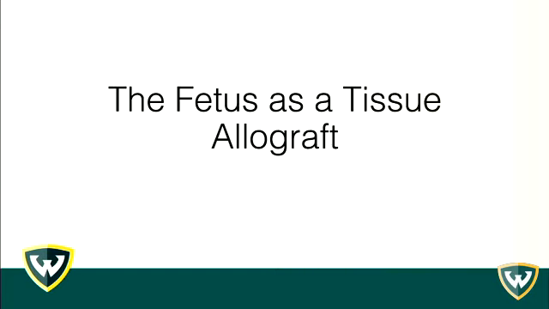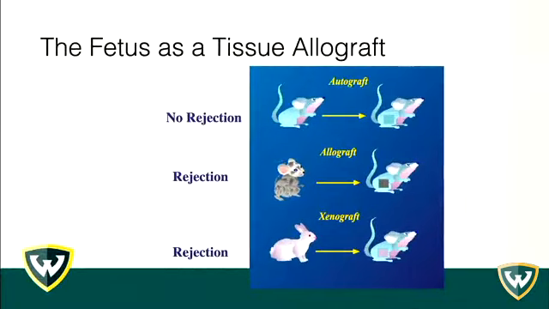So again, all the different arms of the immune system that you became familiarized with in this course are present specifically within the uterus of the mother at the time of the pregnancy and the implantation.